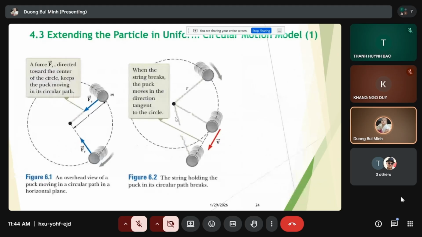Okay, no questions. We go to the last session of the lectures. We talk about uniform circular motion.